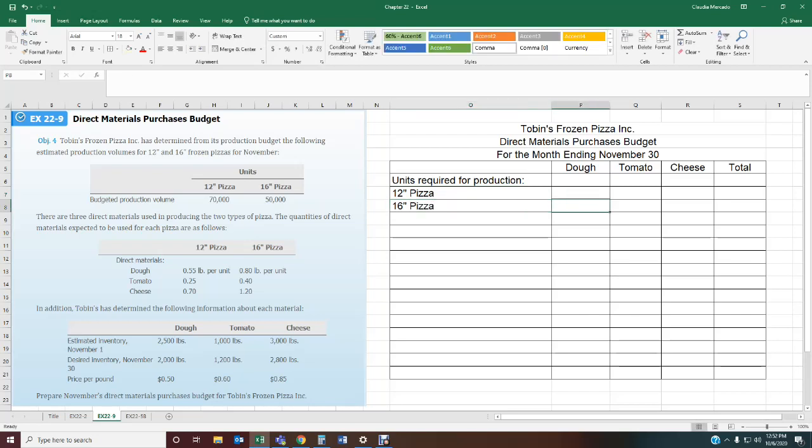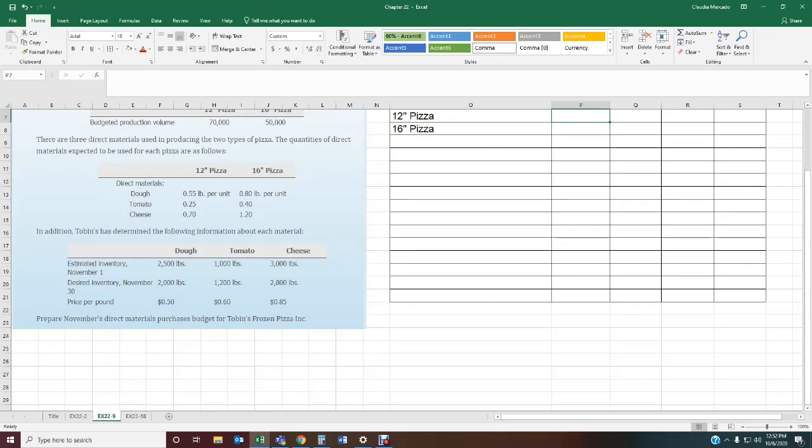Now we need to figure out how much of each material we need to make the 70,000 12-inch pizzas. I'm going to start off with the 12-inch pizza, and I'm going to calculate my dough, my tomato, and my cheese. I'm going to run my calculations on the bottom.